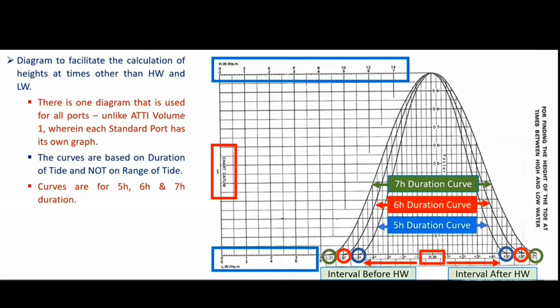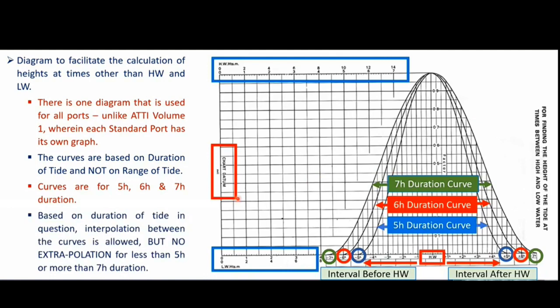Now, if our duration of tide falls between 5 and 6 hours or 6 and 7 hours, we shall do the linear interpolation, and interpolation can be visually done. But if our duration of tide happens to be outside 5 hours to 7 hours range, extrapolation is not allowed. No extrapolation allowed, interpolation is allowed.